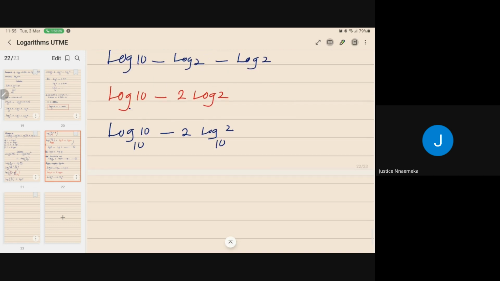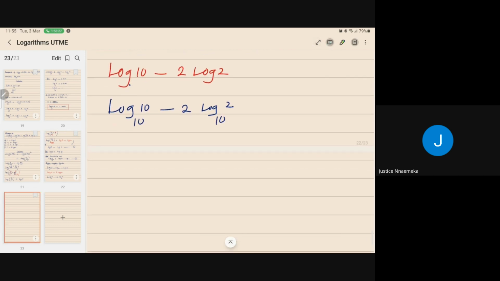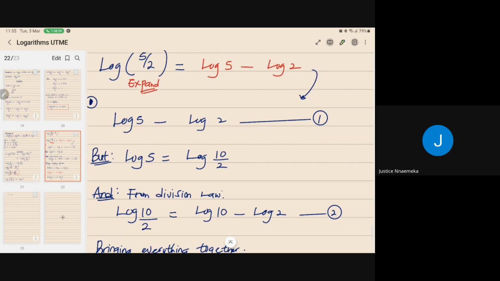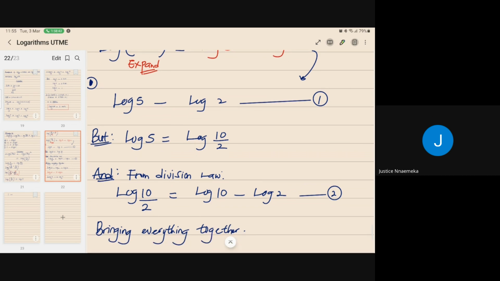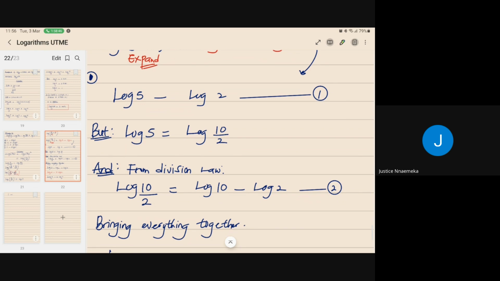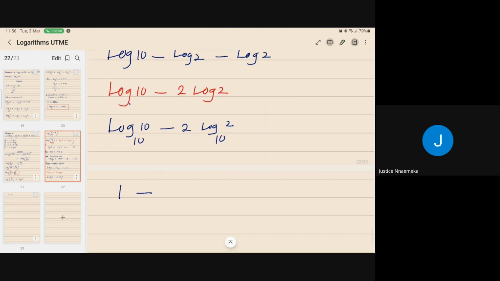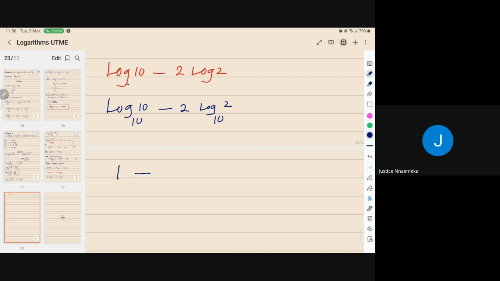Now, log 10 base 10 is 1. Log of the same base will give you 1. So that will give us 1 minus 2 log 2, because you can remove that base 10 there.